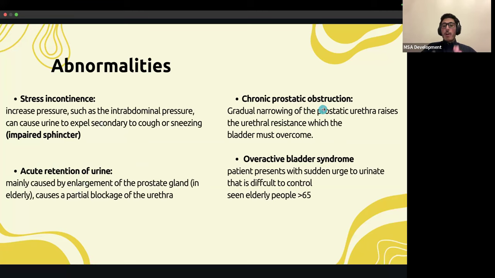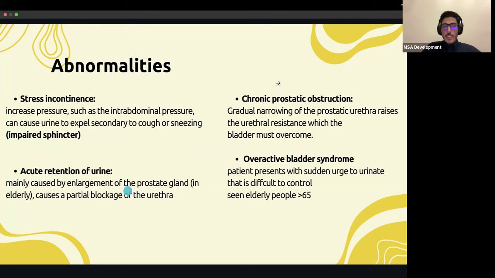Also, we have chronic prostatic obstruction. It's pretty similar to acute retention of urine, but here it's chronic, so it's over a long period of time. It's a gradual narrowing of the prostatic urethra that raises the urethral resistance, which the bladder must overcome. So patients push and increase their pressure so that the bladder pressure becomes more than the constriction area pressure, so urine can pass and they can urinate.